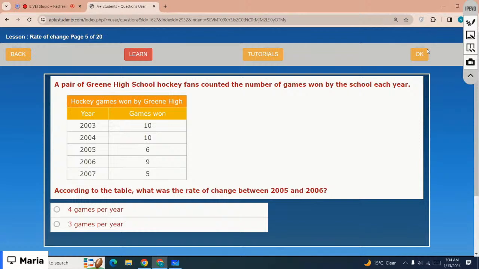A pair of green high school hockey fans counted the number of games won by the school each year.